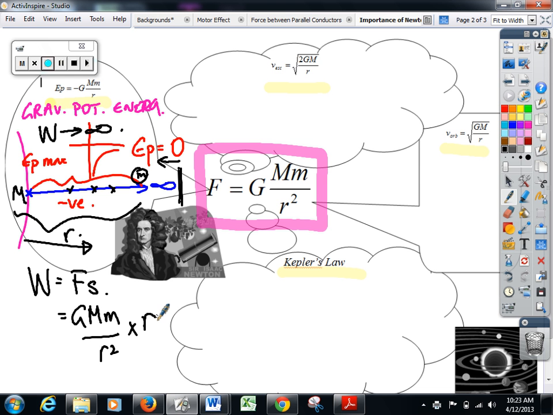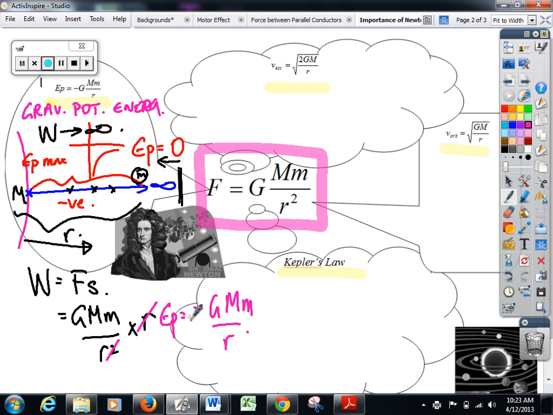So when we cancel these r's, we get that work is equal to GMm on r. But by definition, as the way we just reasoned there, it must be negative. So EP becomes negative GMm on r.